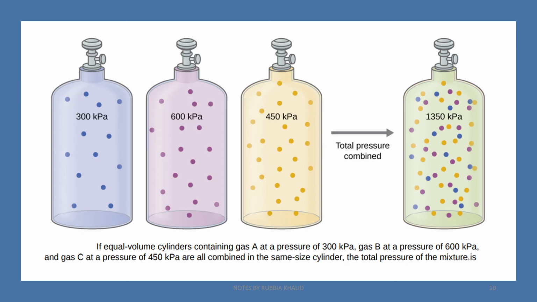If equal volume cylinders containing gas A at a pressure of 300 kilopascals, gas B at a pressure of 600 kilopascals, and gas C at a pressure of 450 kilopascals are all combined in the same cylinder, the total pressure of the mixture will be 1350 kilopascals. So this is how we apply Dalton's law of partial pressure.